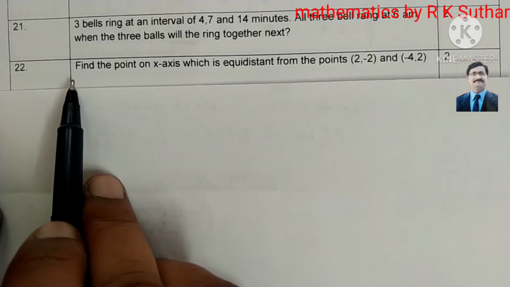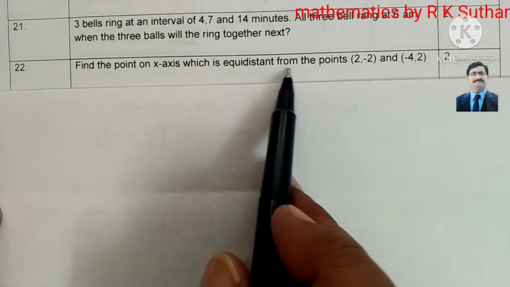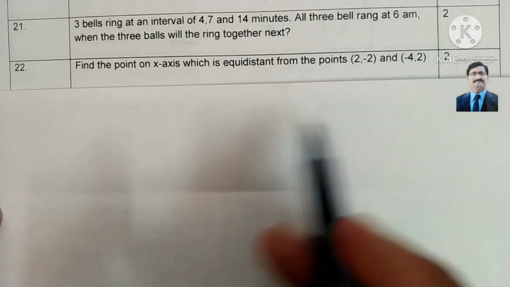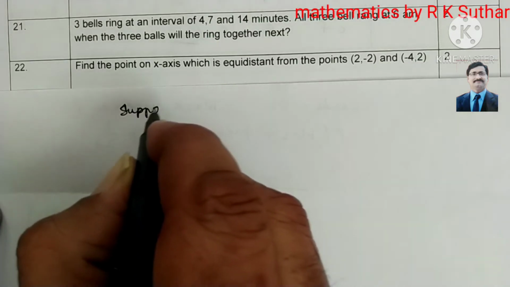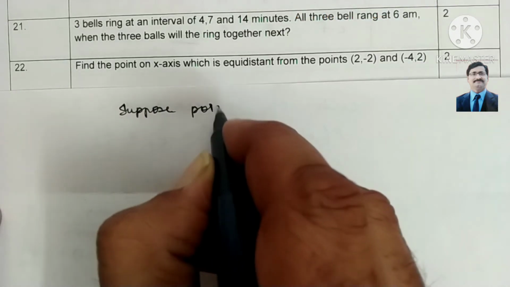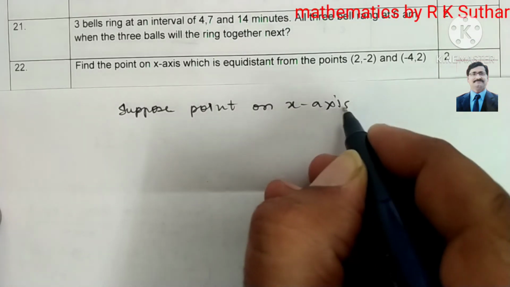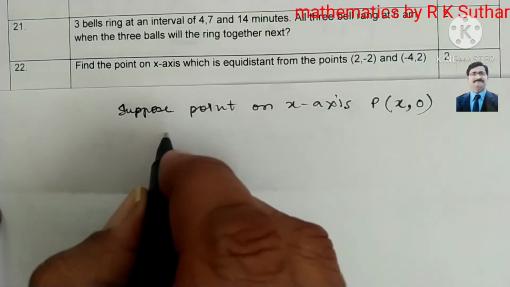Look here, the 22nd question is, find the point on the x-axis which is equidistant from the points (2, -2) and (-4, 2). We will suppose the point on the x-axis is (x, 0).